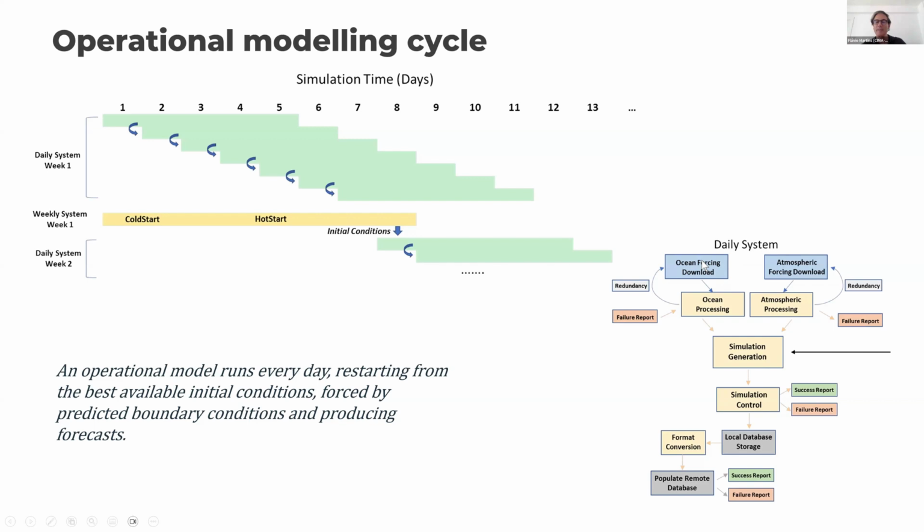So this is just a schematic, a flowchart of the different processes that we need to do during an operational cycle. We need to process data, produce the simulation, and automatically control the simulation to see if it's going okay, creating reports of success or failure, and then store the data in databases.